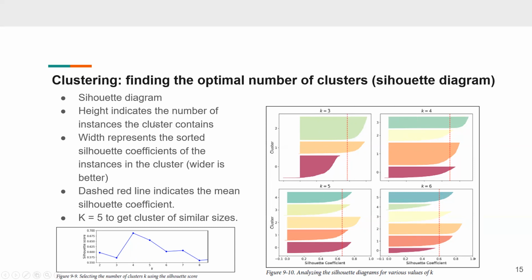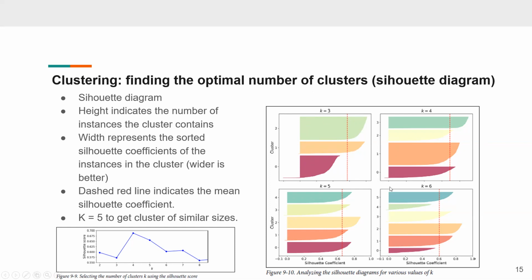The height indicates the number of instances the cluster actually contains. Let's say the first cluster has a lot of observations, this cluster doesn't have many, and this cluster has a lot. And the width represents the sorted Silhouette coefficients of the instances in the cluster. The wider, the better.